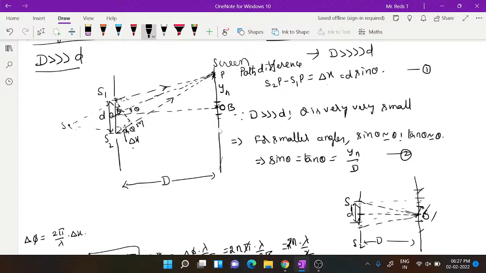If one wave is fitting here, one wave should fit here also. For that, this is a half wave, this is the next half wave, and one more half wave should come, and hence one wave should fit. So a trough should start here because a crest starts here. When crest and trough join, you get a dark fringe due to destructive interference.